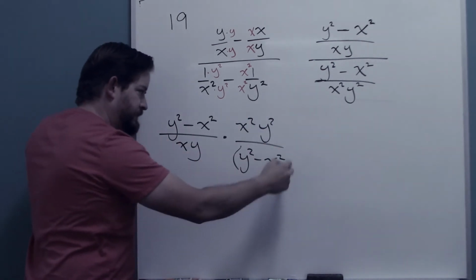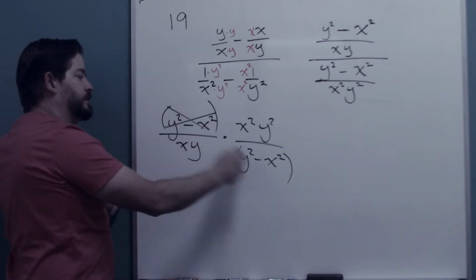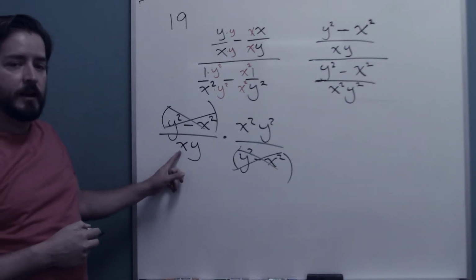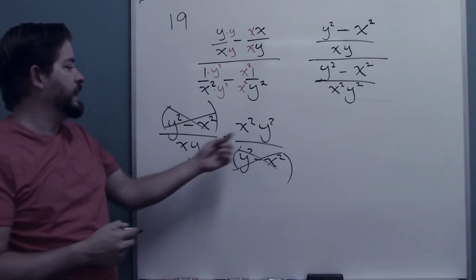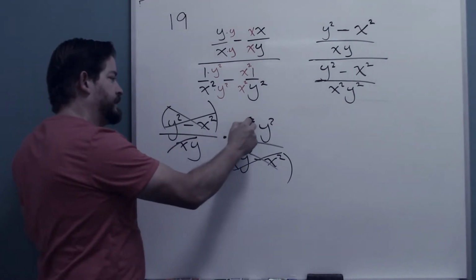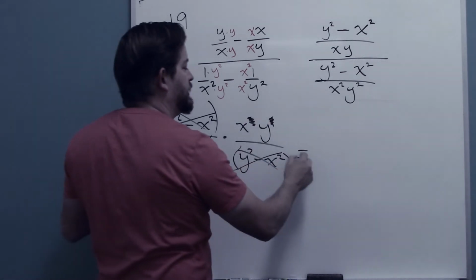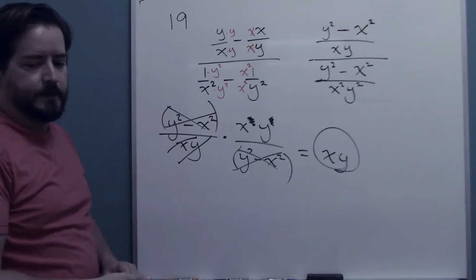But you can see this y squared minus x squared is a factor in the denominator, it's a factor in the numerator, it's gone. See ya, take a hike. An x in the denominator simplifies with a factor of x in the numerator, as does a y. So the x cancels one of the x's, leaving the other one. A y cancels one of the y's, leaving the other one. And I boil down to xy, and that's it.